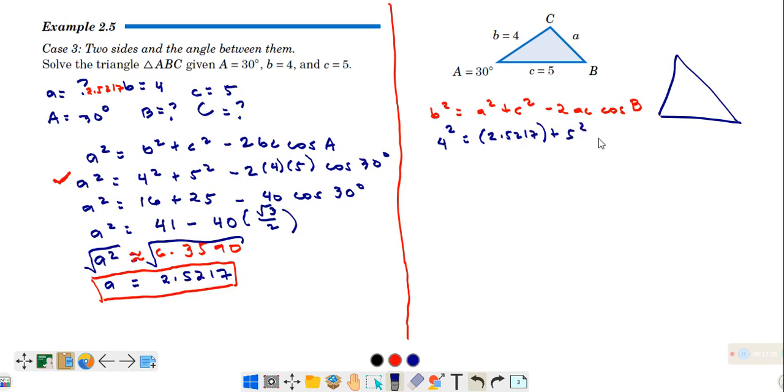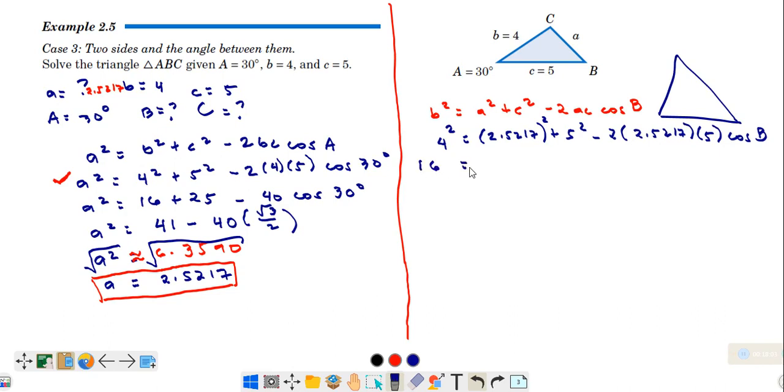So, 5 squared minus 2 times A. May square dito ha. 2.5217 times 5. Tapos saka pa lang si cosine B. Yan. So, if you will take notice, isa lang ang nawawalang element. Angle B lang. So, pwede tayong addition property of equality at saka multiplication of equality in solving this problem to get the value of B. So, let's proceed with the next step.